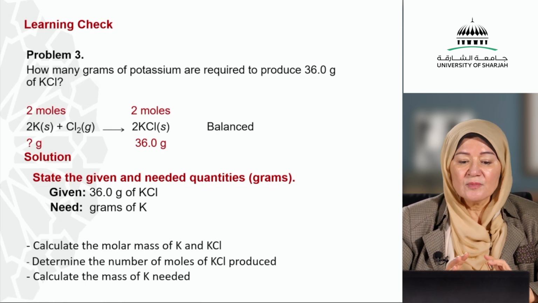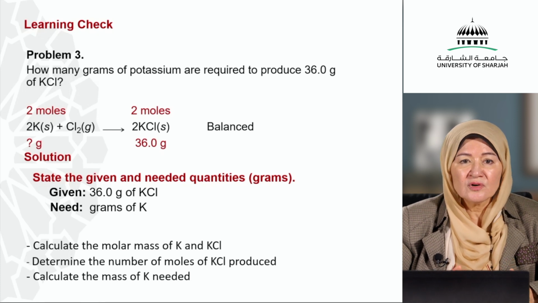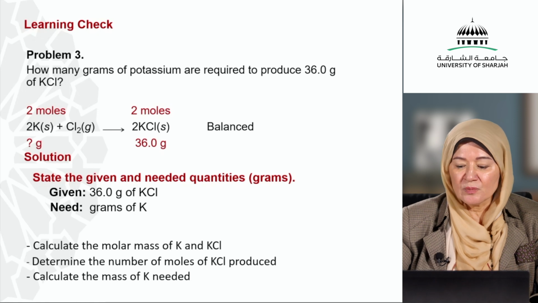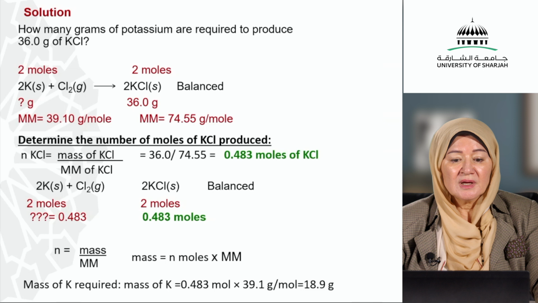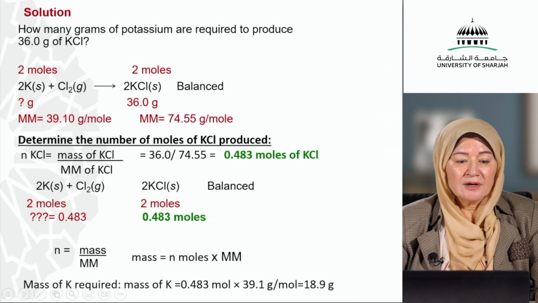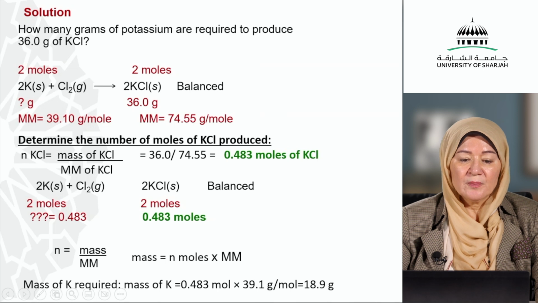As you already know, I have to know both molar masses. At the same time, whatever I have in grams, I have to convert to moles, and I use the formula n is equal to mass over molar mass. Let me do it, me and you. The molar mass of potassium is 39.10 grams per mole.